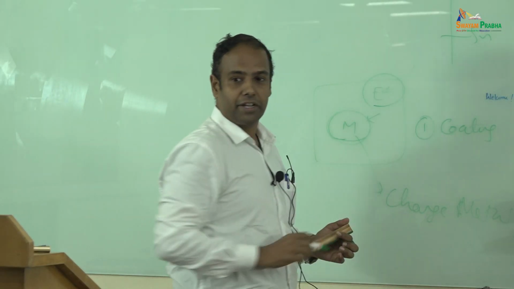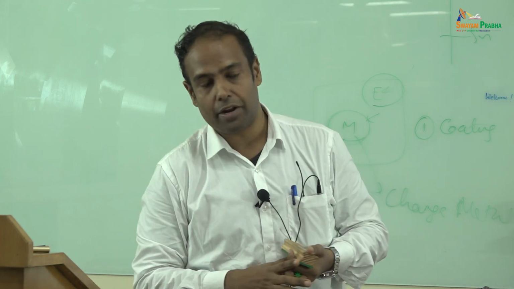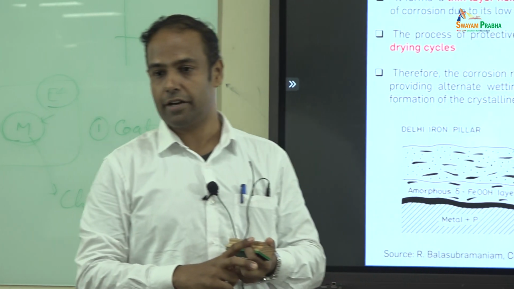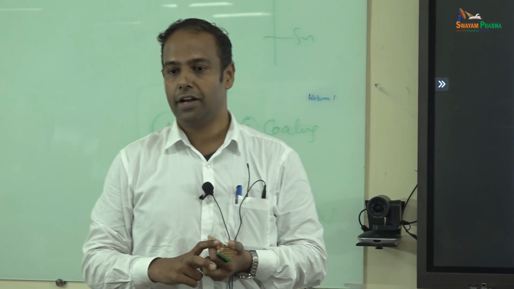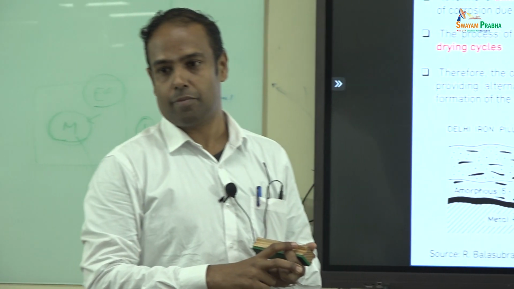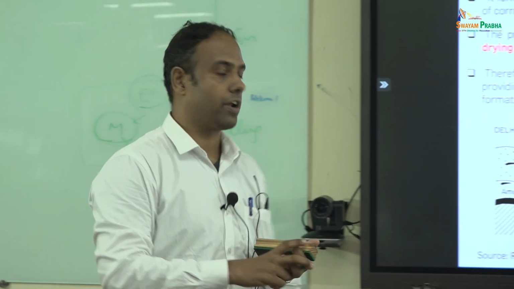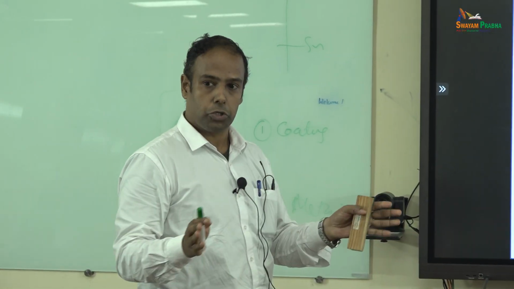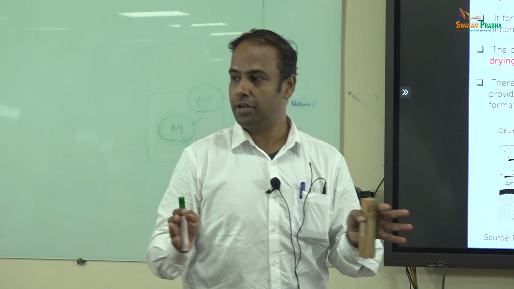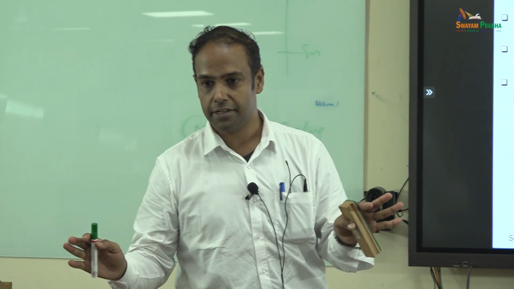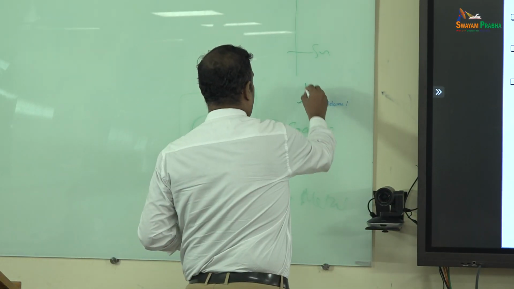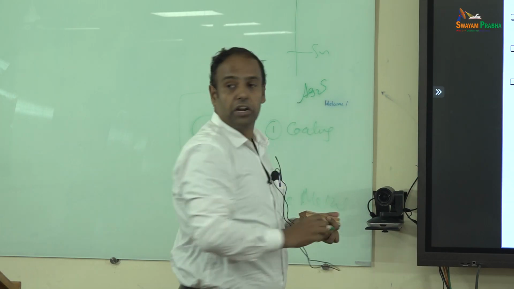Change the environment. If I use a silver article, I'm a businessman selling silver, I will surely not sell it in a place which contains a lot of sulfur and a lot of impurity-containing moisture environment. I will try to keep it in an AC showroom, which is as dry as possible, and avoid sulfur. The reason is it will form silver sulfide, which we call tarnish.